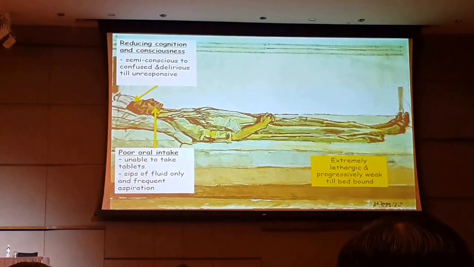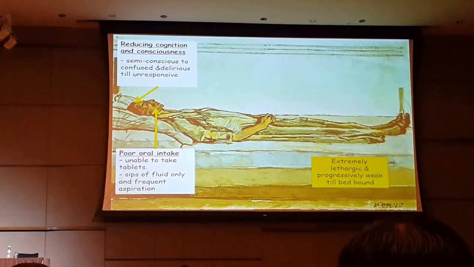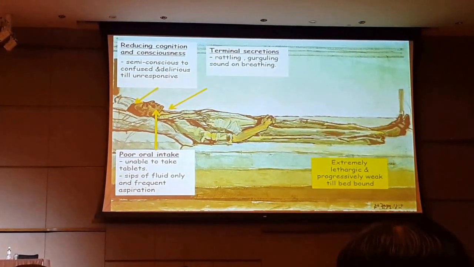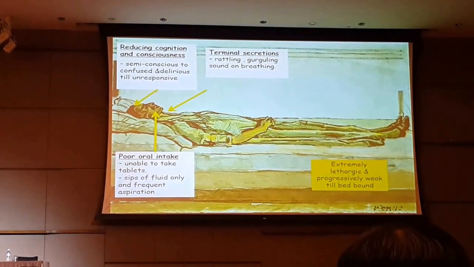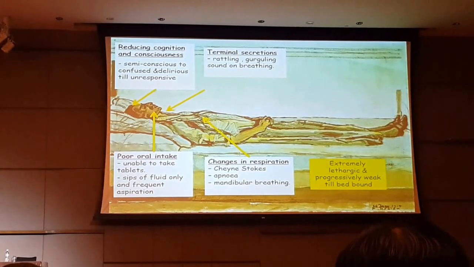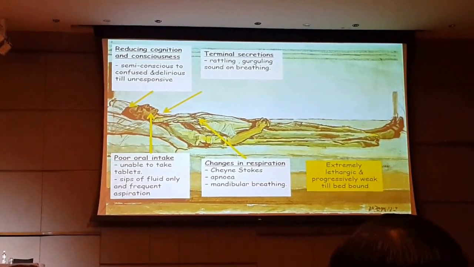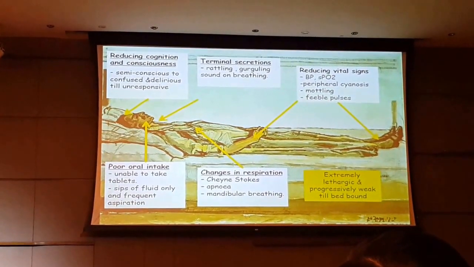They may not be able to swallow their tablets. They can take sips of fluid, but they tend to choke very often on it. And then you may hear noisy breathing of secretions and a gurgling sound when they breathe. Changes in their respiratory patterns like Cheyne-Stokes breathing, apnea, and mandibular breathing occur. And then you have a drop in their vital signs towards the very late stage.